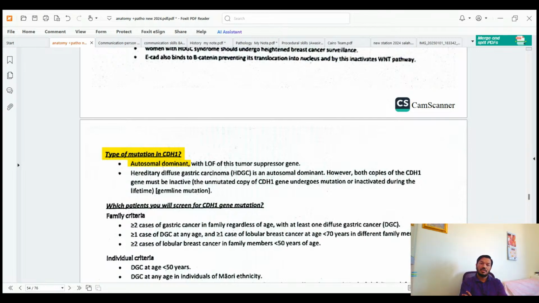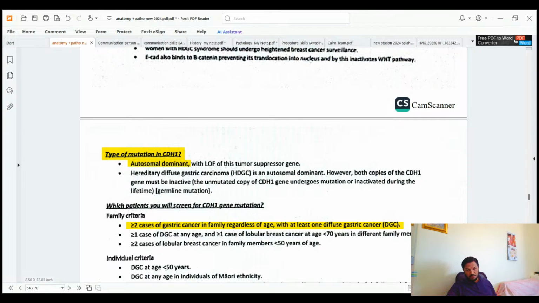Which patients will you screen for CDH1? Family criteria: two or more cases of gastric cancer in the family, regardless of age, with at least one diffuse gastric cancer.